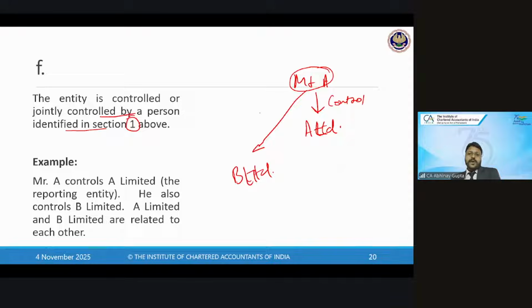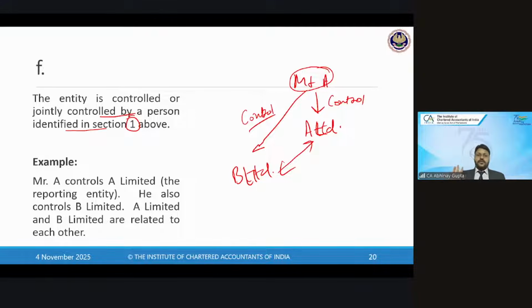Mr. A is a related party to B Limited because control is there. But whether A and B are related to each other? Yes, because of this clause F. If this clause F was not there, then A and B would not be related, because neither A is controlling, joint controlling, or has SI over B, nor is B controlling, joint controlling, or having SI over A, correct?